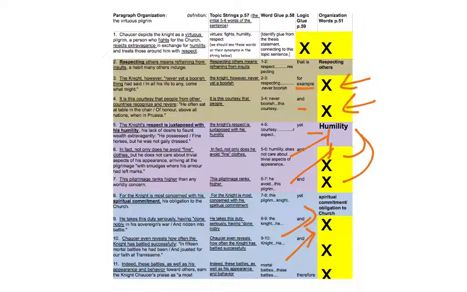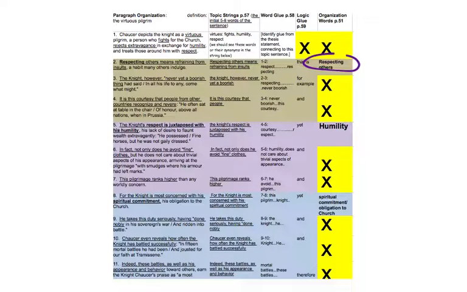Now, when you do your paragraph chart, say you have respecting others, and then immediately you have humility there, what you're telling me is you're not elaborating sufficiently on respecting others.